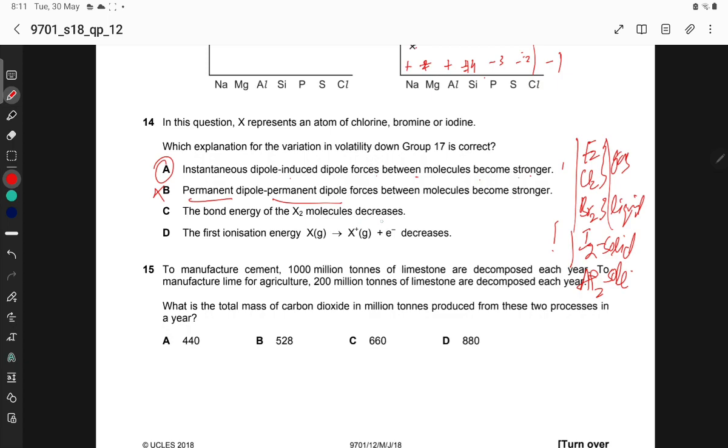The bond energy of the X2 molecule increases as the bond length decreases. Sorry, the bond energy of the X2 molecules decreases, this is incorrect. Which explanation is for the variation in volatility?